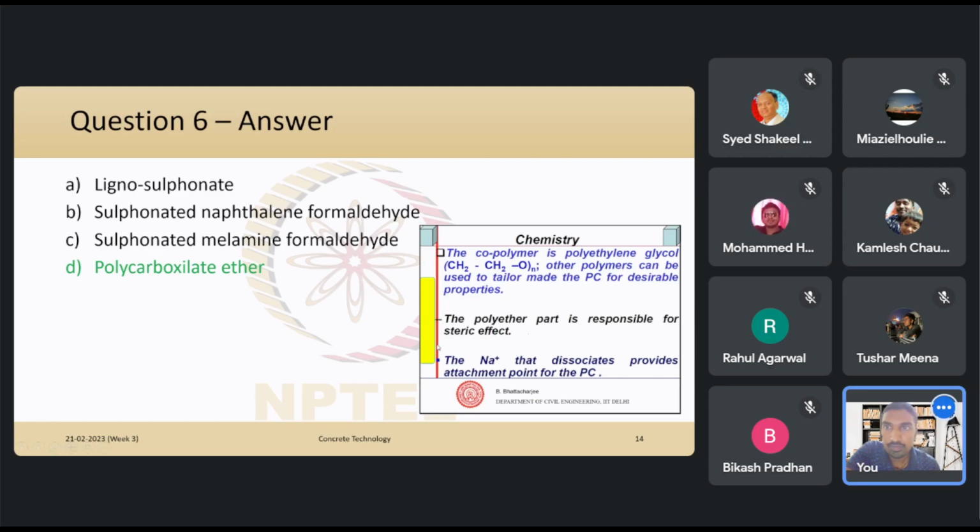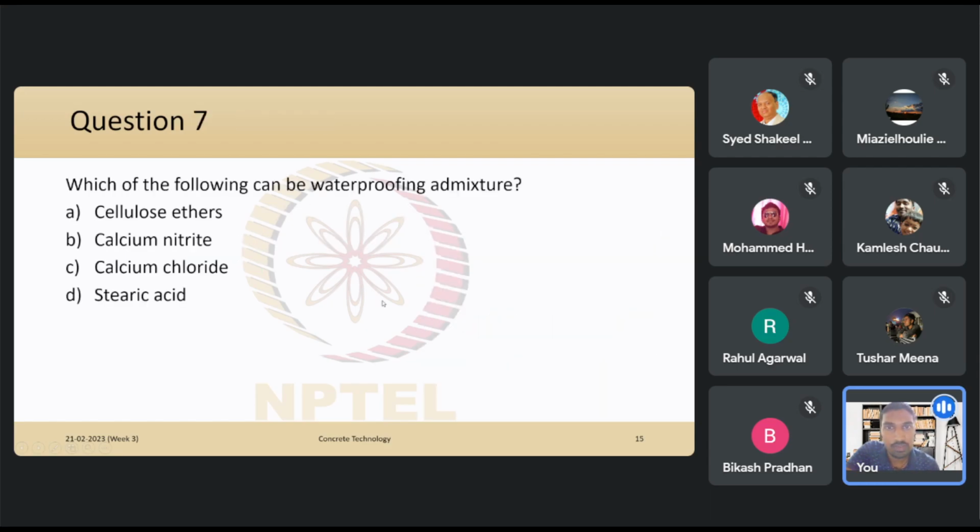Okay. So question number 7, which of the following can be waterproofing admixture? Options are cellulose ethers, calcium nitrite, calcium chloride, and stearic acid.